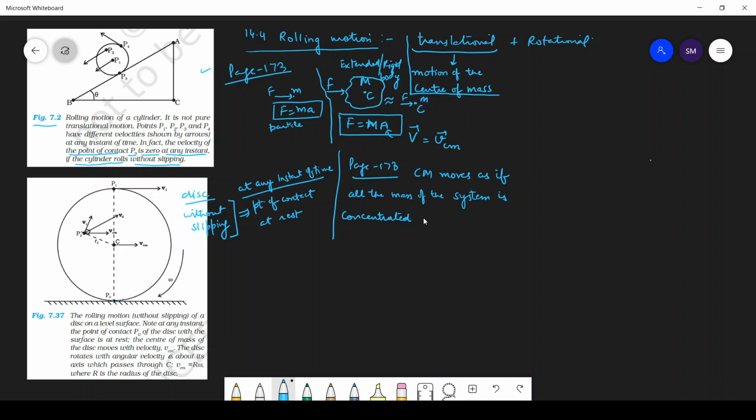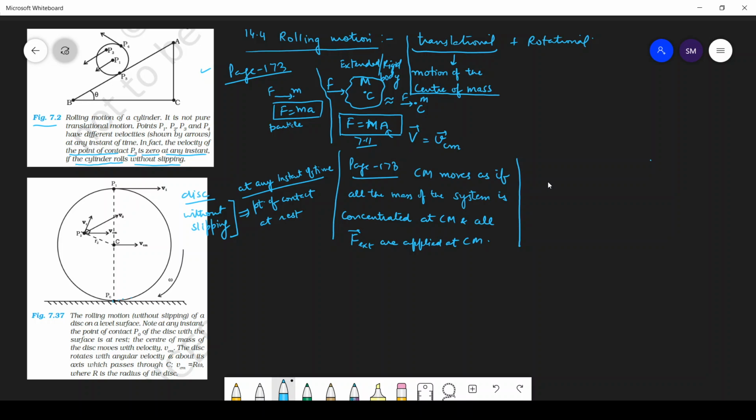It's concentrated at the center of mass, and all external forces are applied at the center of mass. This is on page 148, equation 7.11.